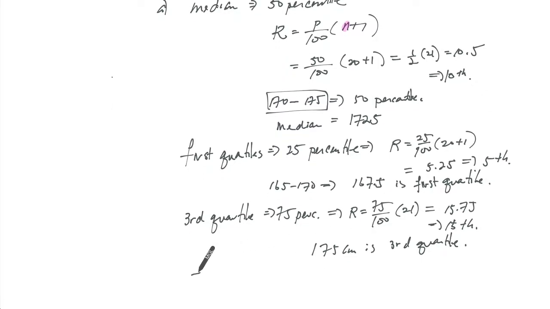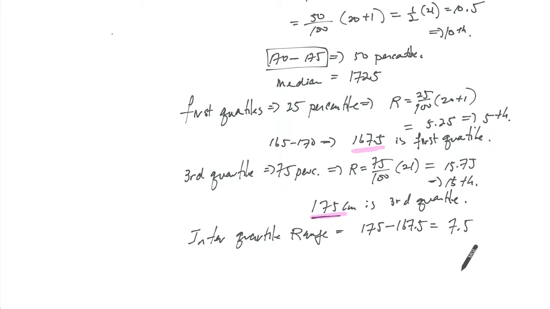Next, the interquartile range. The interquartile range is going to be the difference between the third quartile and the first quartile. So 175 minus 167.5 is 7.5.